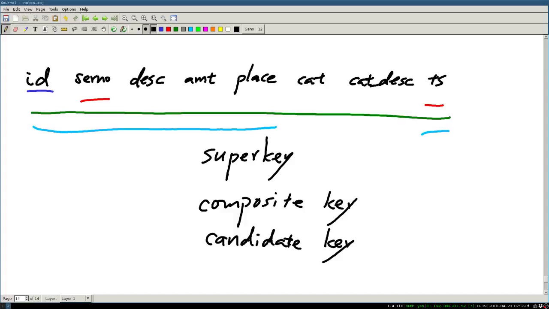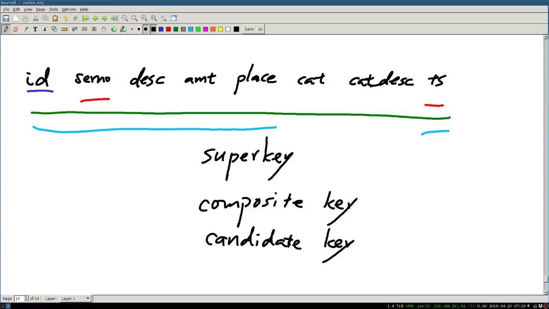That means whenever we remove one of the attributes from the candidate key, the remaining attributes cannot serve as a key. So candidate key, in our example, there are two candidate keys.